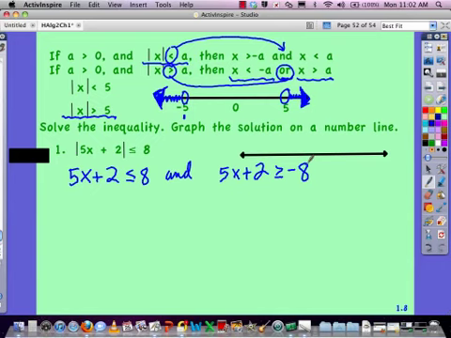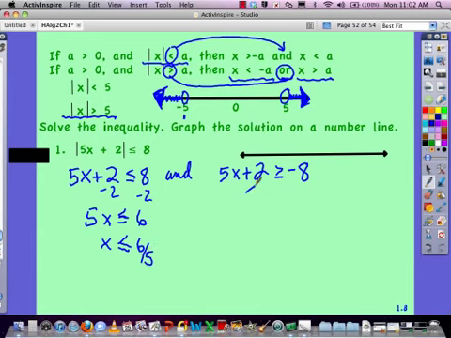If you solve both of these separately, like we've been doing, you should get your solutions. Remember, these are inequalities. So 5x is less than or equal to, in this case, it looks like a 6. So x is less than or equal to 6/5. 1.2 if you like the decimal form.